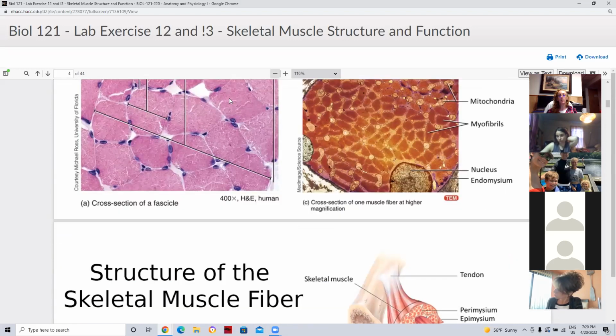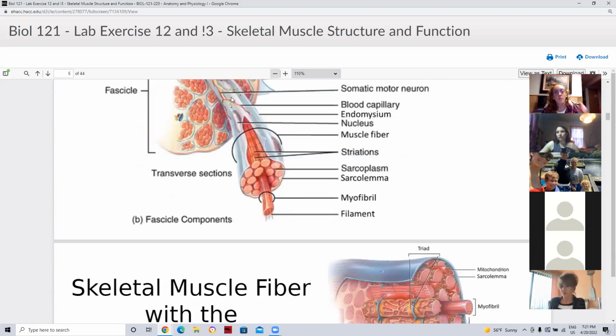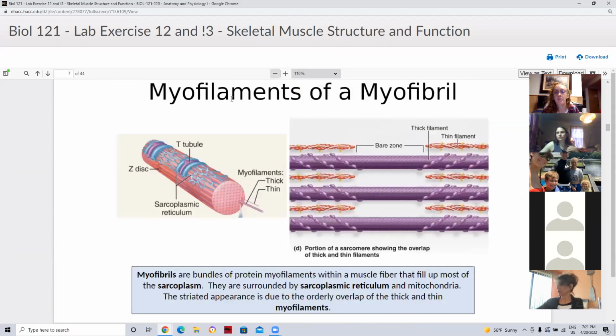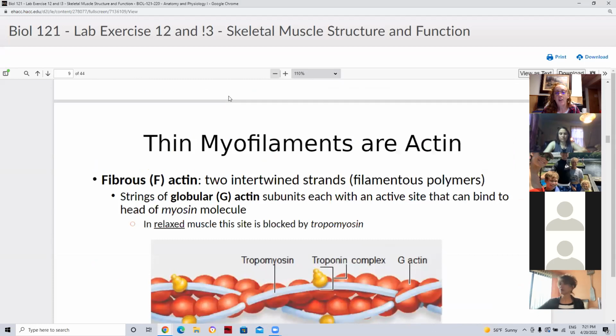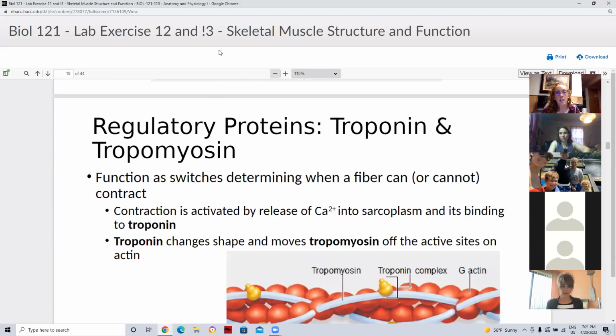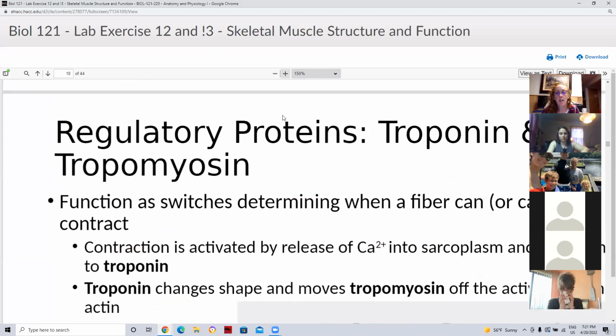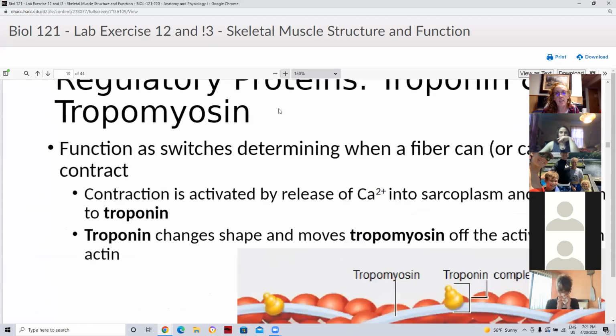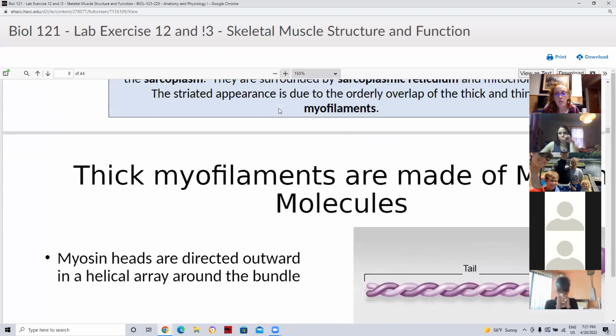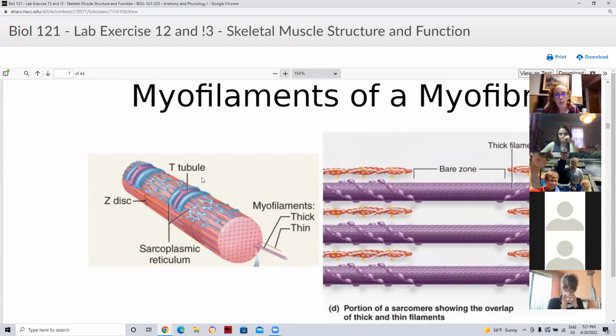I'm sorry, I'm just trying to find the best picture of it. This is a little misleading. I don't really like these pictures because they're not exactly showing you what you need to be able to see. But here are the T-tubules right here. Here are the myofilaments, with that arrangement of thin and thick filaments.